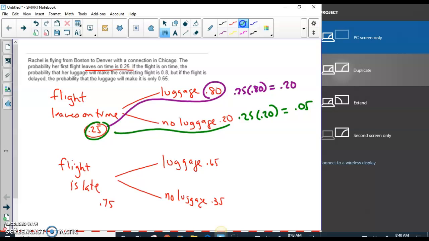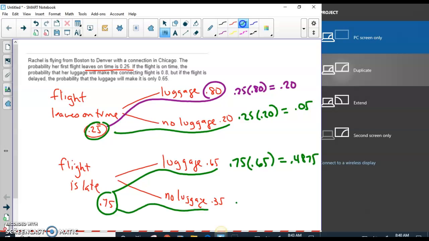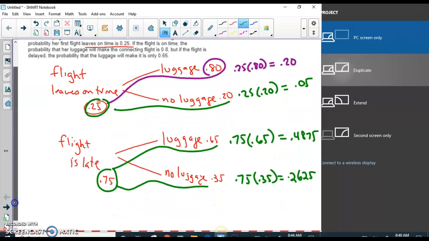And then this one here, 0.75 times 0.65 is 0.4875. And then I follow this branch, 0.75 times 0.35 is 0.2625.